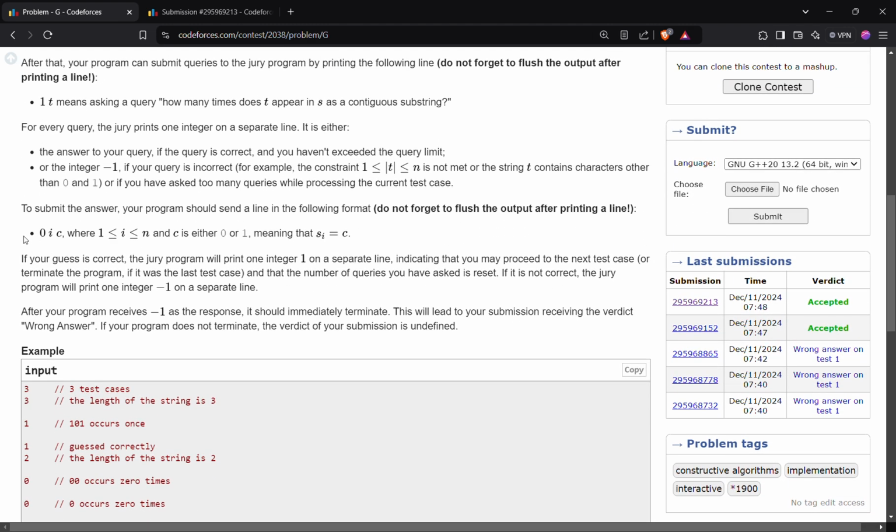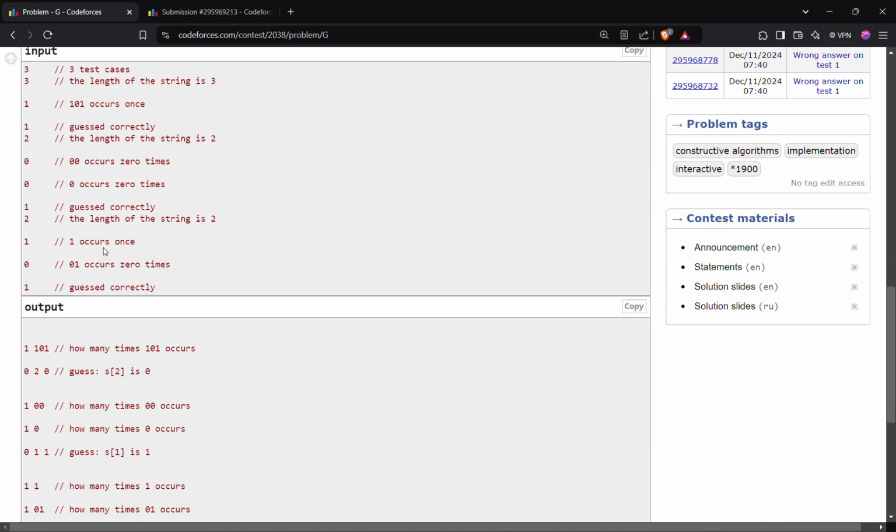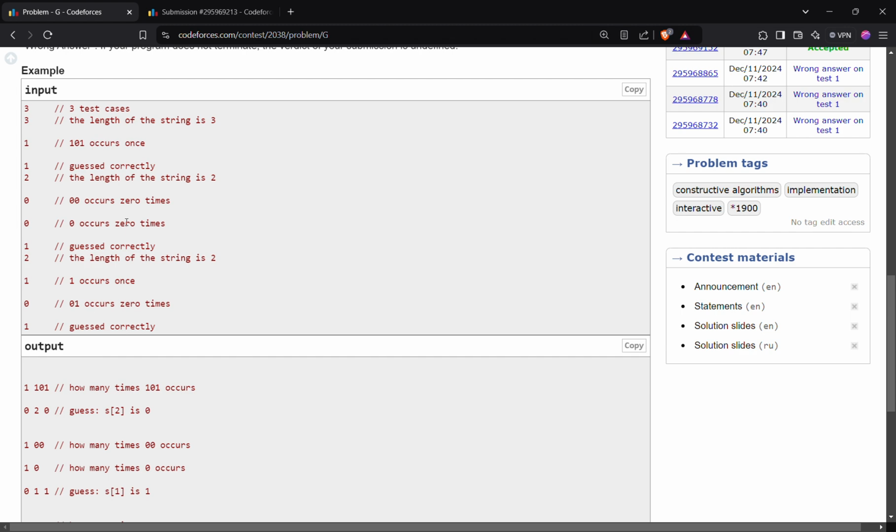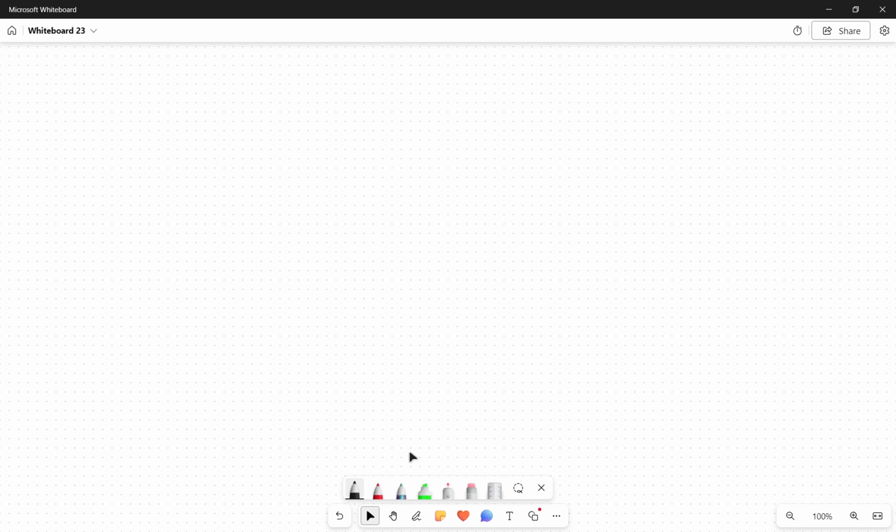And the second type of query is characterized by three numbers: 0, i and c. Here 0 means that we have found the answer, i is the index of the character that we have found, and c is that character, which will be 1 or 0. So how will you proceed to solve such a question? Let us take a look.